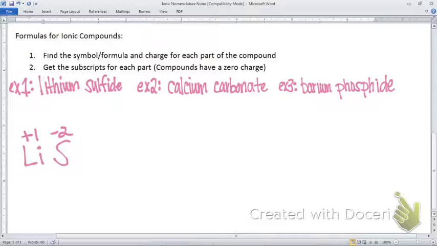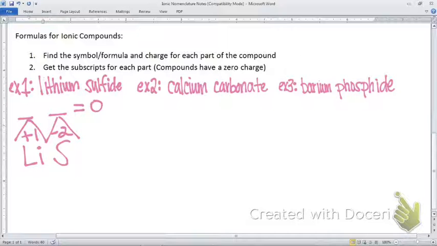What we're going to actually do is find the least common multiple between 1 and 2. We're going to do this by putting houses above our charges, and the numbers above the houses is going to be the least common multiple of those two. They should cancel out to give us 0.